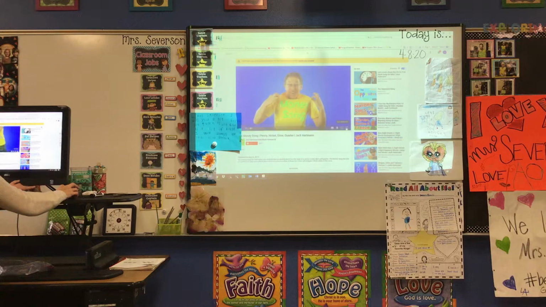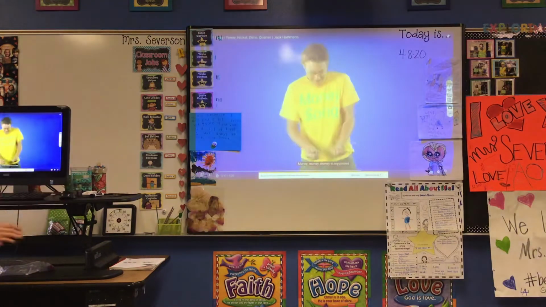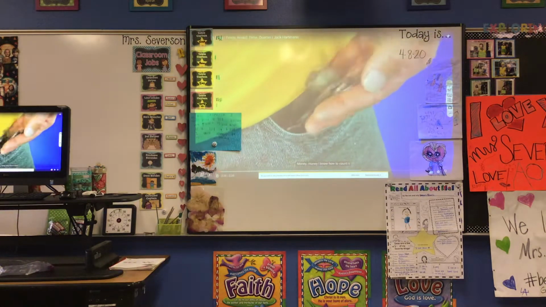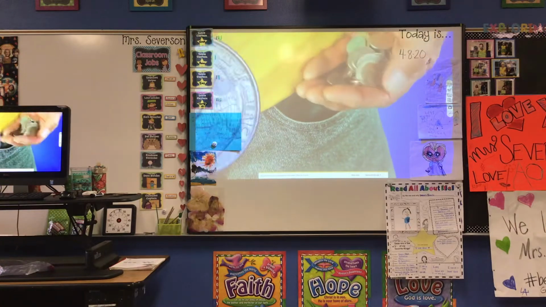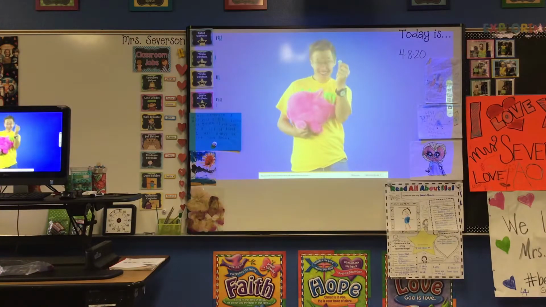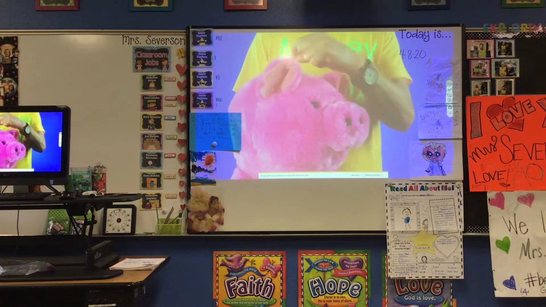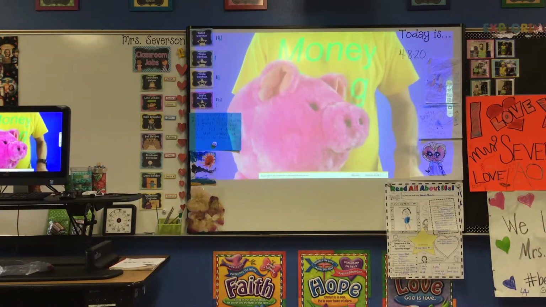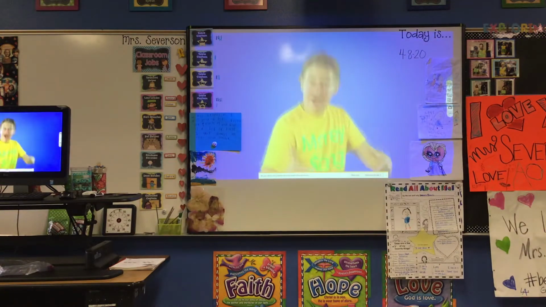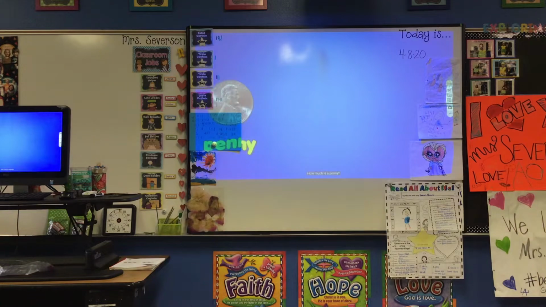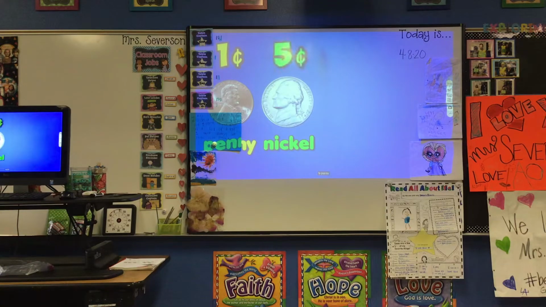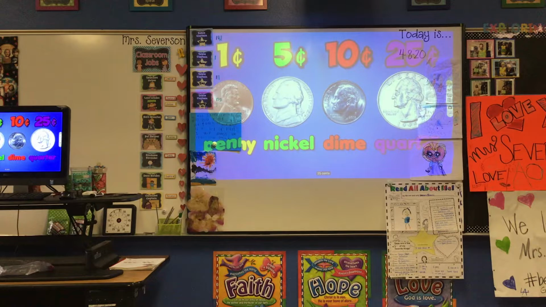Let's learn. Money, money, money in my pocket. Money, money, I know how to count it. What's it worth? How much is a penny? 1 cent. How much is a nickel? 5 cents. How much is a dime? 10 cents. How much is a quarter? 25 cents.